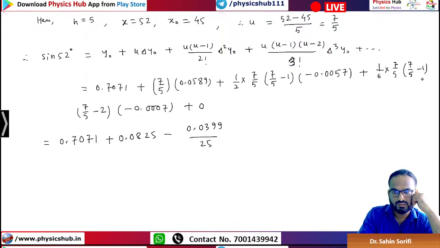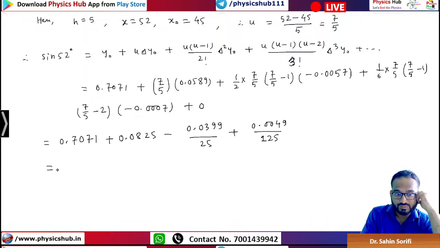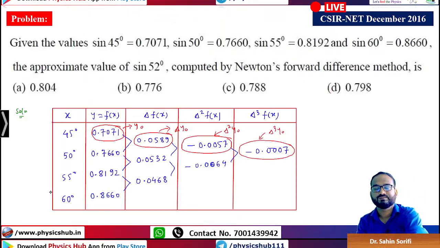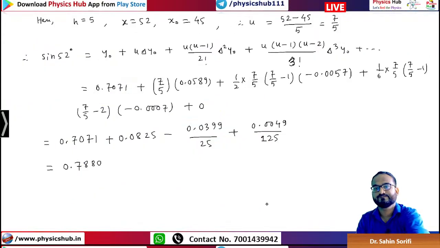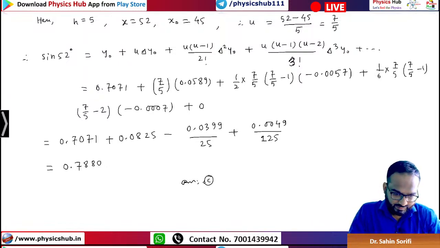And look, you are allowed to use a calculator, so you can easily use it and calculate the values. Then 0.0049 divided by 125. So if you calculate this with a calculator, you will get 0.788. So that is matching with option C. Is it clear, guys? Tell me.